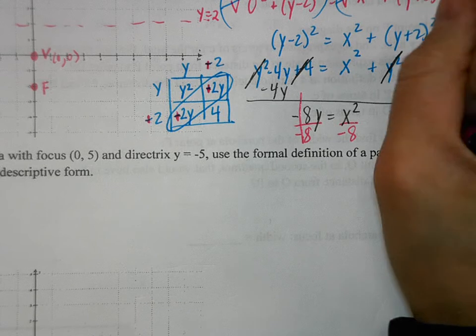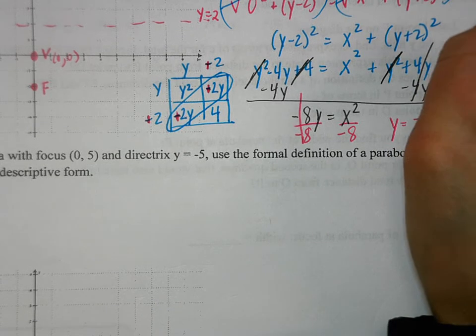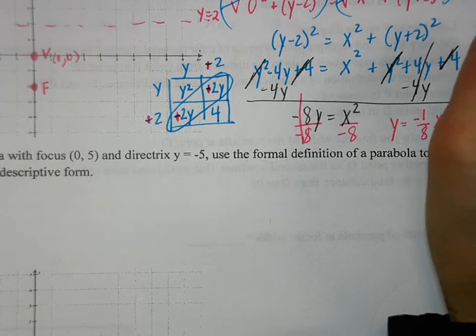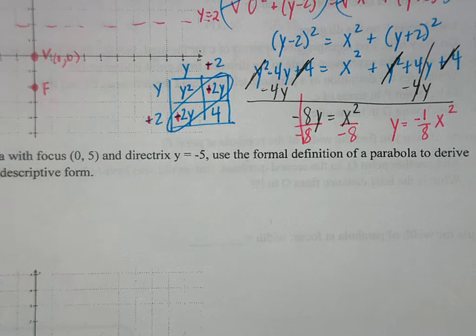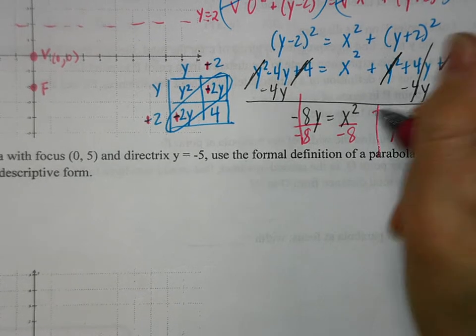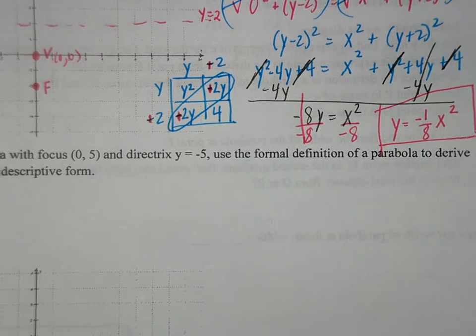And so we end up getting y equals negative 1/8 x squared. And you would pull that fraction out in front. That's like your a value. And we just derived the equation of a parabola using the focus and the directrix.